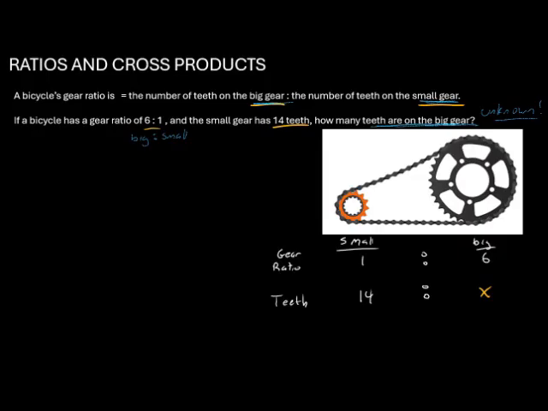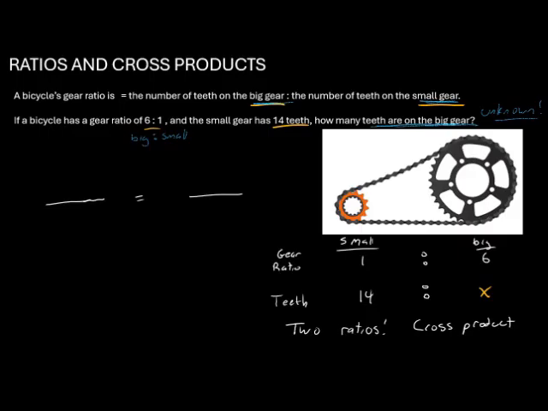But the important thing here is that I notice that I have 2 ratios. Because I have 2 ratios, I can do a cross product. To start my cross product, I'm going to write 2 division bars with an equals in between.